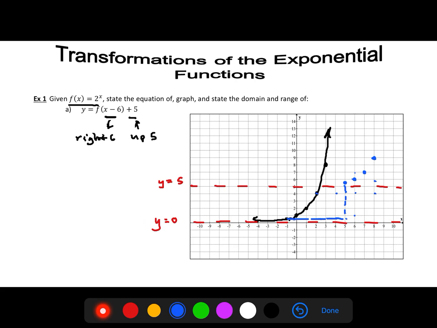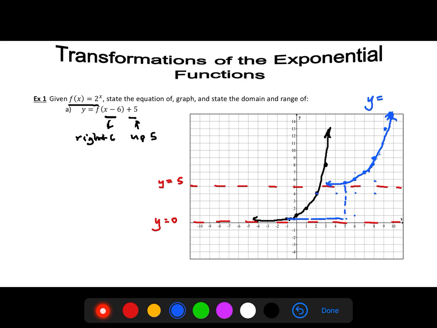One more point here: (3, 8) will go to (9, 13). And now we have our graph plotted.